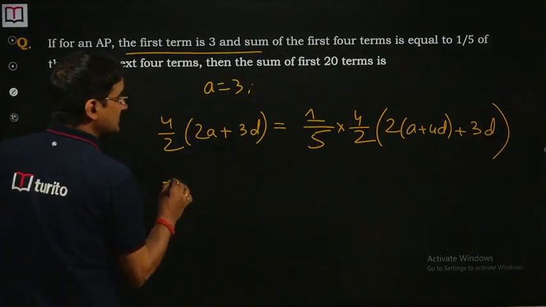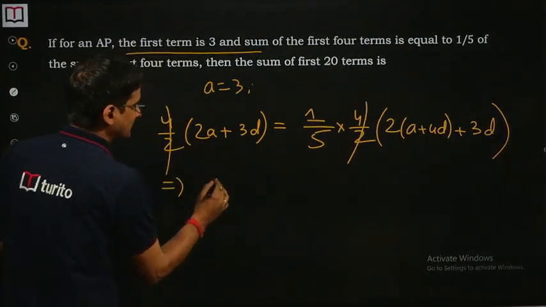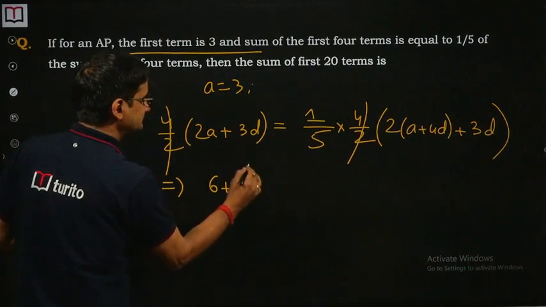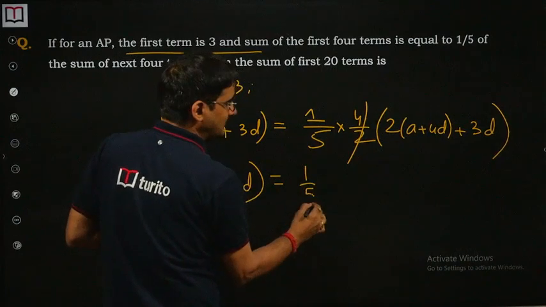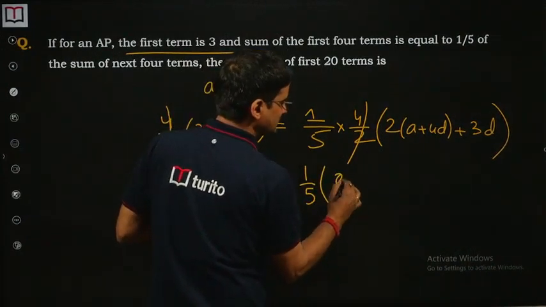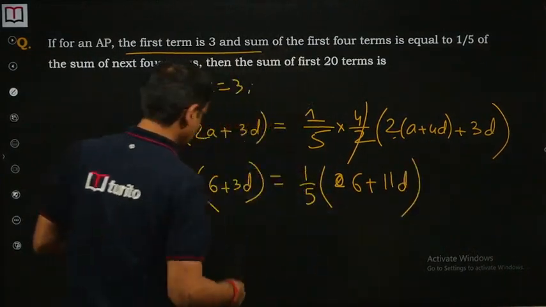So A is 3 here, so let's put the value, so that's gone. So this is 6 plus 3D, isn't that, yeah, so it's 1 by 5 times (2A, which is 6 plus 8 plus 11D), fine.